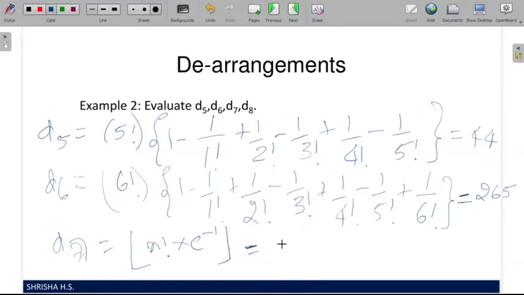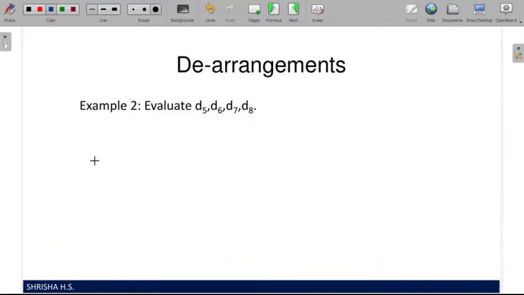So D7 equals the floor of 7 factorial multiplied by e to the power minus 1, that is 5040 multiplied by 0.3679, which equals 1854. So this will be D7.